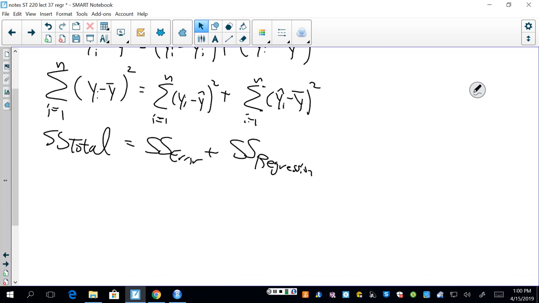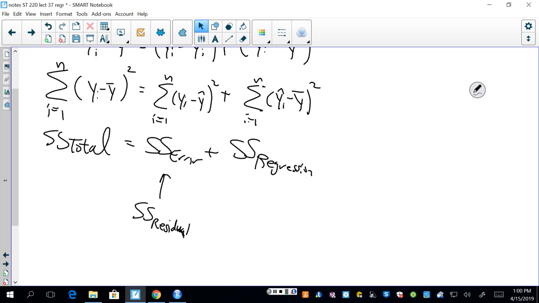Some software will call this a sum of squares residual. Usually a textbook tries to make a distinction between the theory errors that come from the underlying probability model, and the ones that you actually calculate as distances from your points to your line.